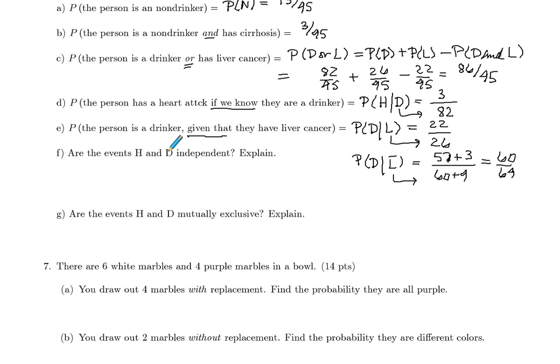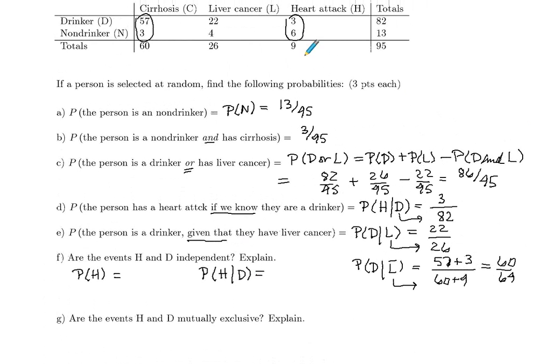Are the events H and D independent? So what we need to do is look at what is the probability that person has a heart attack, H, what's that equal? And then see if that changes if they're given to be a drinker. What's the probability of H given D? See if those are equal. If they're equal, independent. If they're not equal, dependent. So people that had a heart attack, that was 9 out of 95. And then if it's given that they're a drinker, so it's given that they're in this first row, what is the probability that they had a heart attack?